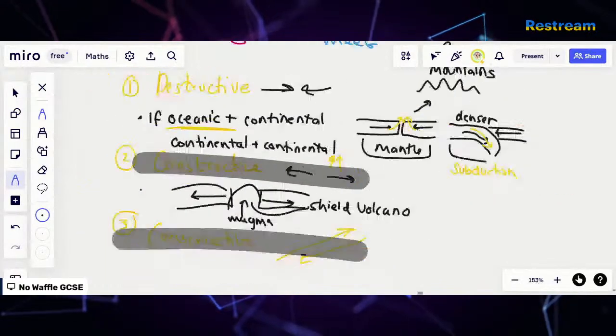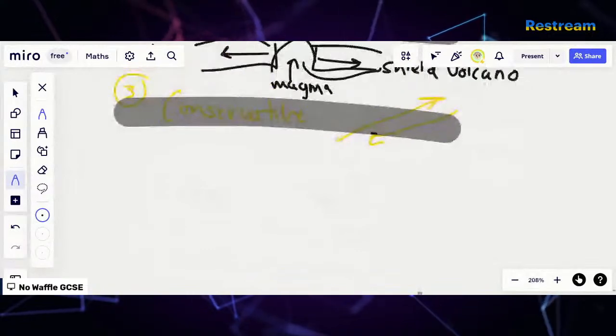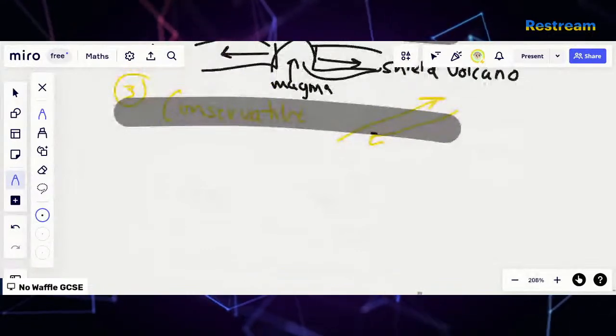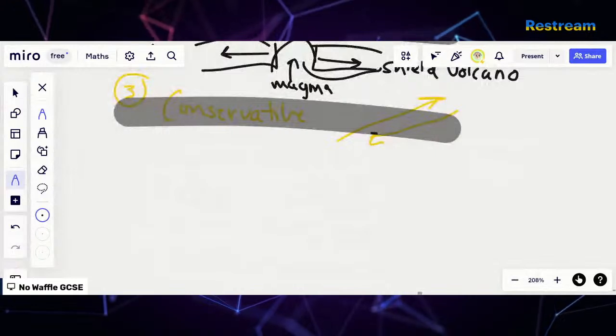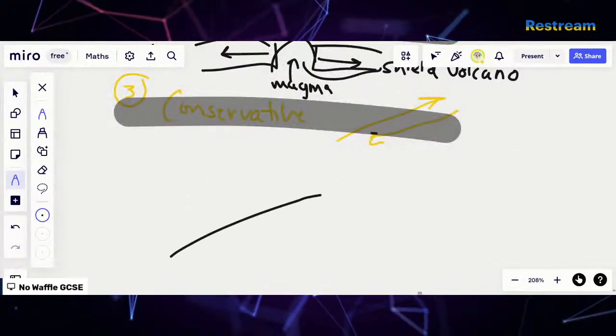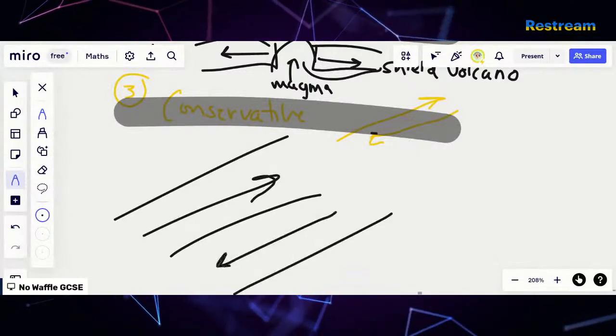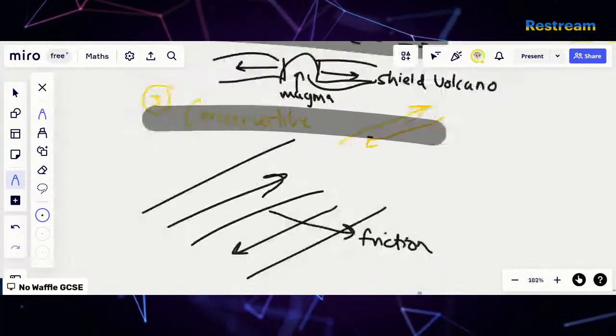And finally, conservative, when they're moving past each other at different speeds or different rates. Now, what happens here is as they're moving past each other, friction can often build as they can get stuck because they're not perfectly straight lines, as you can imagine.